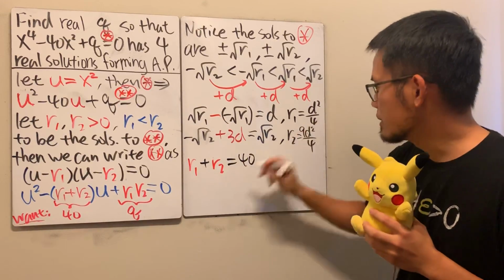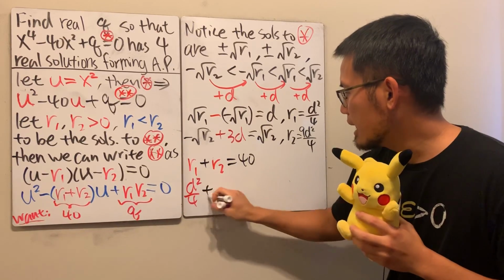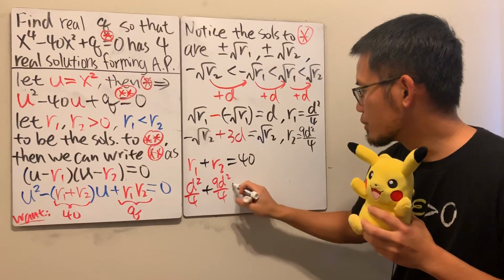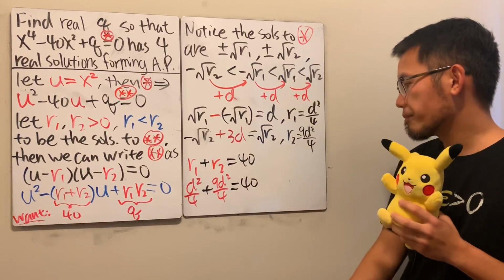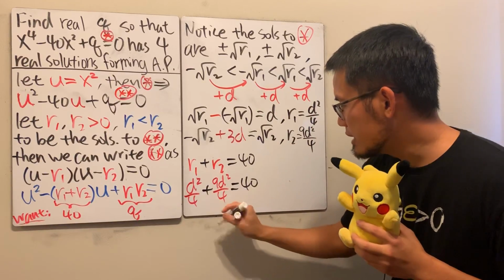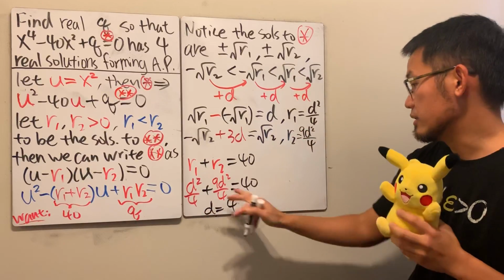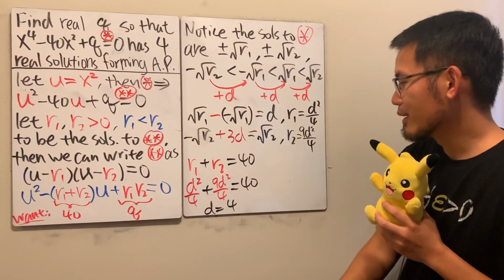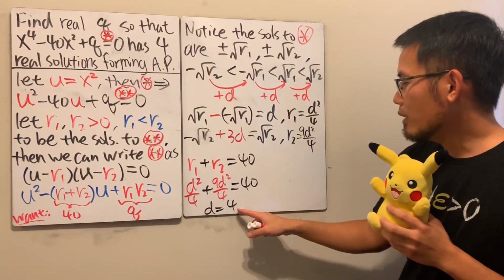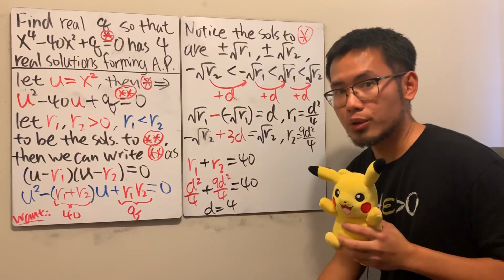This means we just have to do d squared over 4 plus 9d squared over 4. This right here has to be equal to 40. And you can just do this, you can just do that. In the end, you will see that d is equal to 4. And again, just solve the equation, and this is not so bad at all, right? And once we know d is equal to 4, now what? Well, I can just put a 4 back here, and we can figure out R1 and R2.